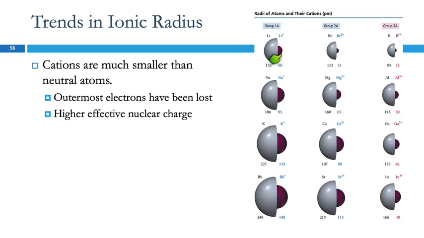And what we find is that the ion is much smaller. It's like half the size or less than the atom. Because when you do this, you end up with a tremendous increase in effective nuclear charge. But cations are smaller, you're losing electrons, it makes sense.